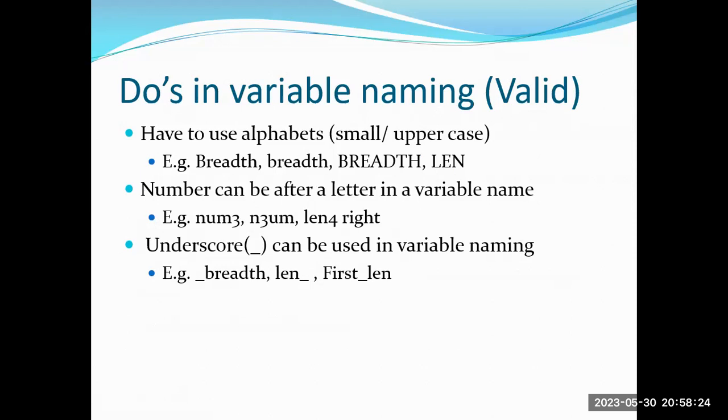The number can be in the middle or at the end. When I say in the middle, I mean anywhere after the first letter, not exactly in the middle. It can be at the end or wherever. Another point is that you can use the underscore for naming a variable.